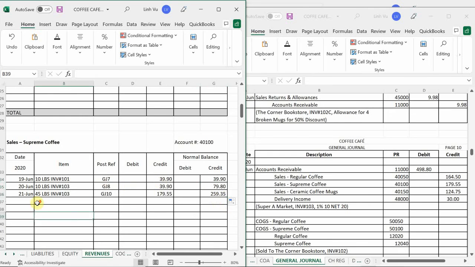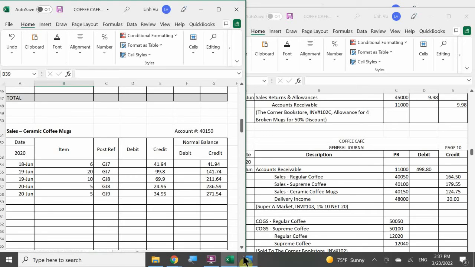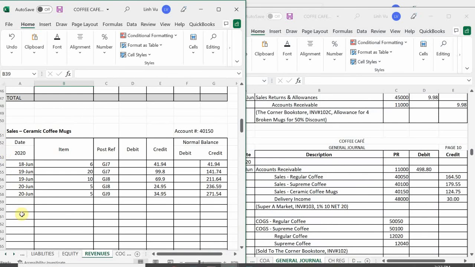We also sold some ceramic coffee mugs. Let's see how many we sold. 25 cups. Okay. So we sold 25 cups for a total of 124.75.